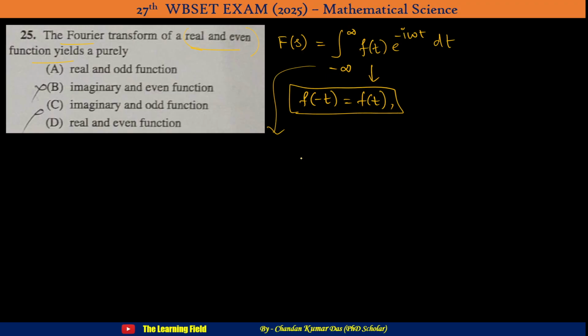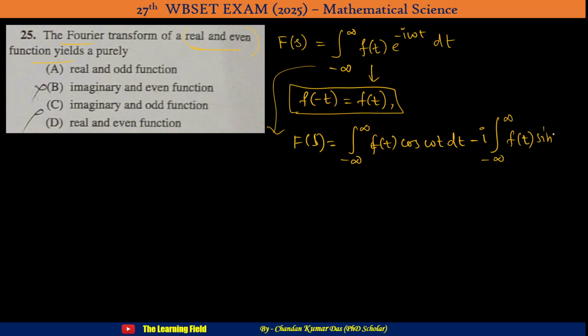So if we break this exponential term, then F(s) can be written as minus infinity to infinity f(t) cos omega t dt minus iota integration minus infinity to infinity f(t) sine omega t dt, because we all know that e to the power ix is cos x minus iota sine x, just we break this.